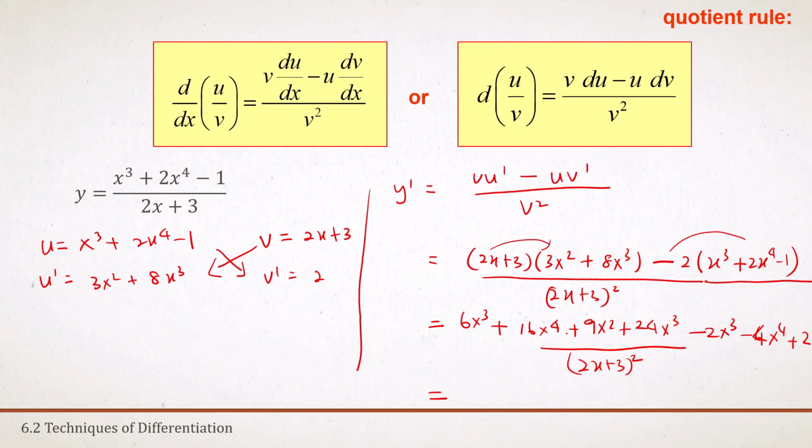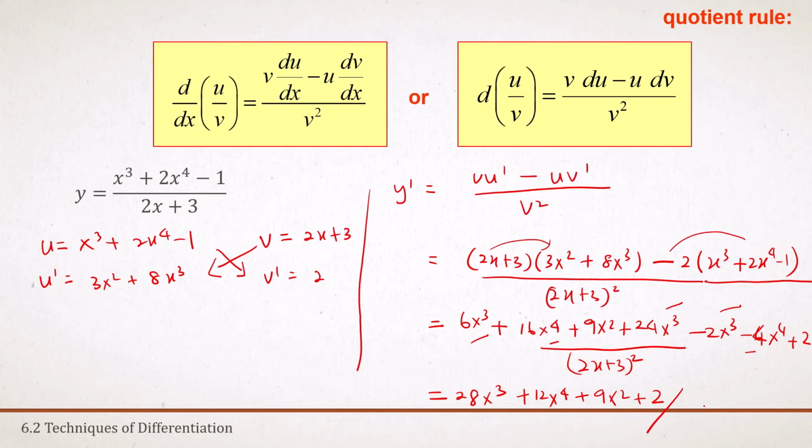Now here is an x cubed, this one is an x cubed, and this one is an x cubed. So 6 plus 24 is 30, 30 minus 2 is 28x cubed. Then this is x to the power 4 and this is x to the power 4, and 16 minus 4 is 12x to the power 4. The x squared has no partner, and the 2 has no partner.